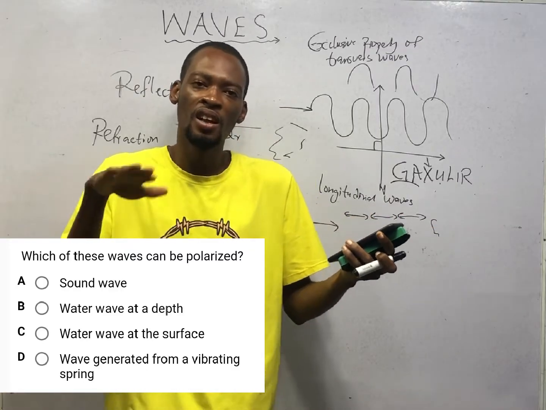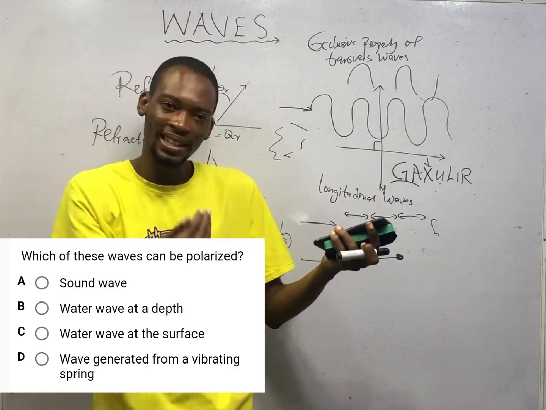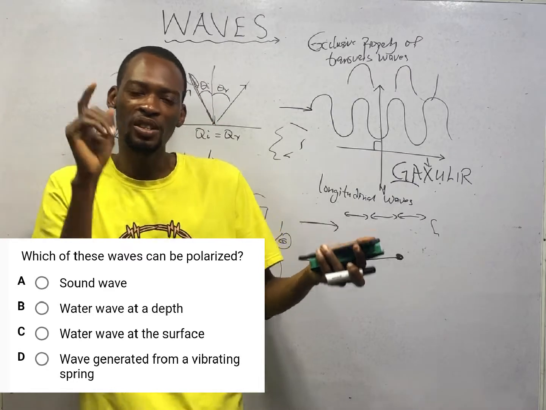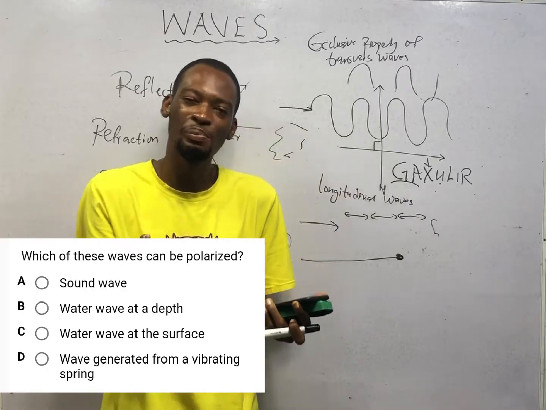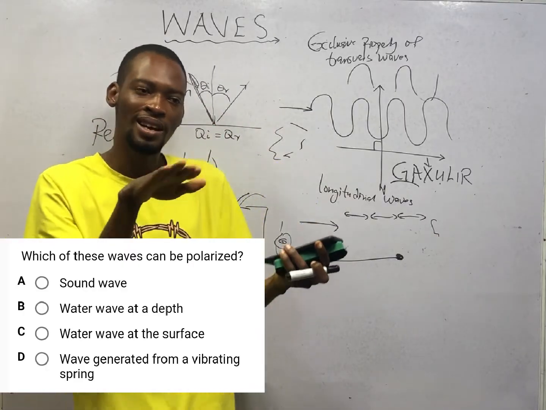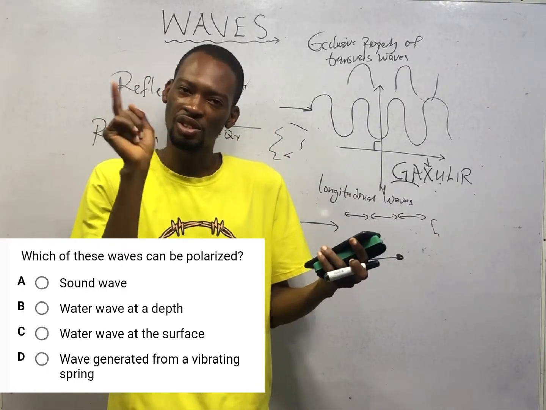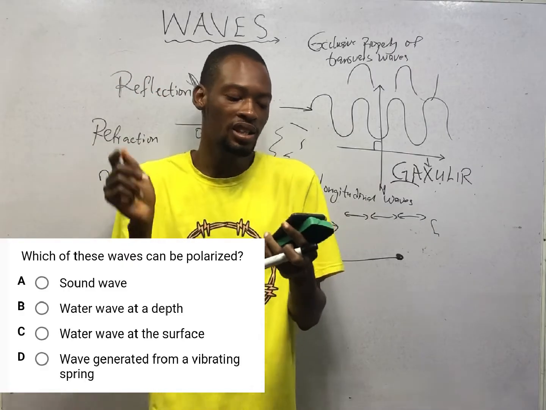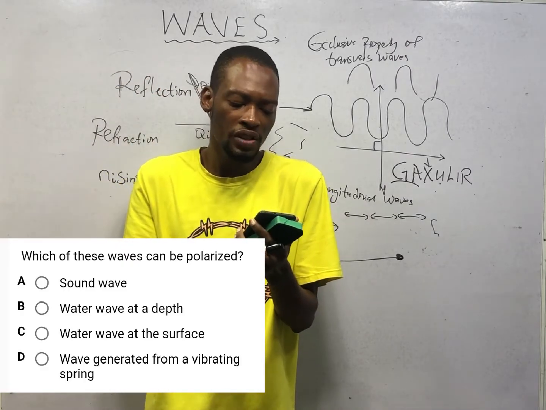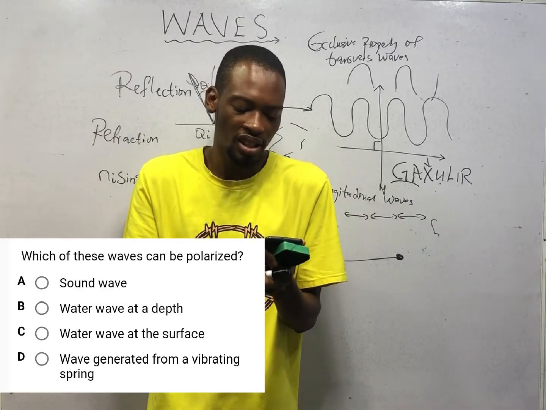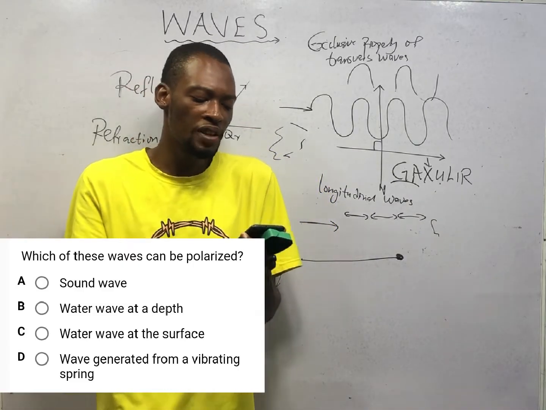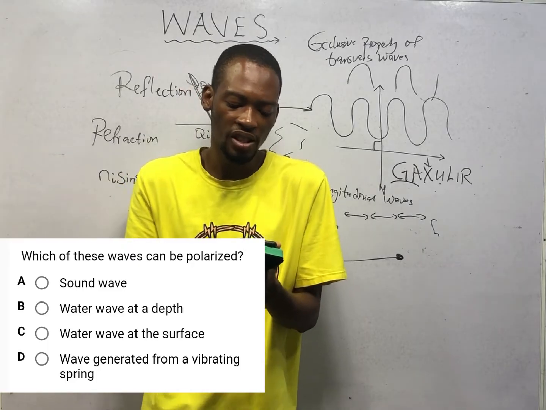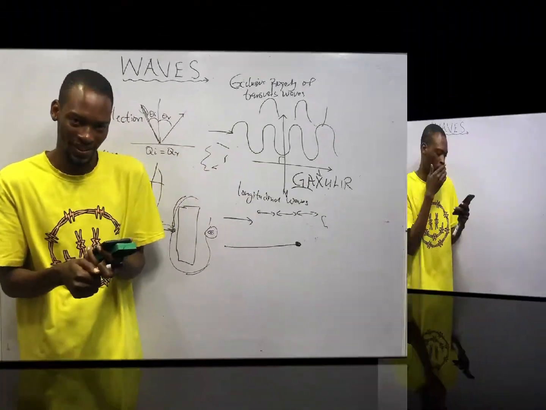But at the surface, the direction of the wave is at right angle, or perpendicular, to the direction of movement of the particle, which means water waves can be transverse or longitudinal. At the surface of the water, it is transverse. At a depth, it is longitudinal. Wave generated from a vibrating string is simply a longitudinal wave. With this, water wave at the surface remains our best option.